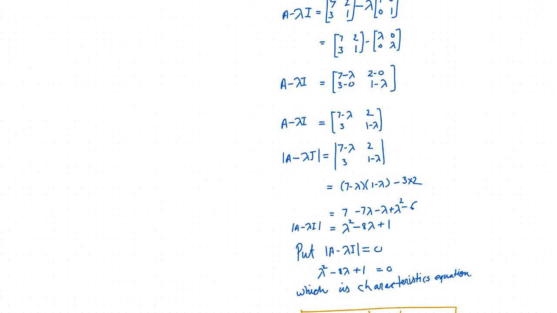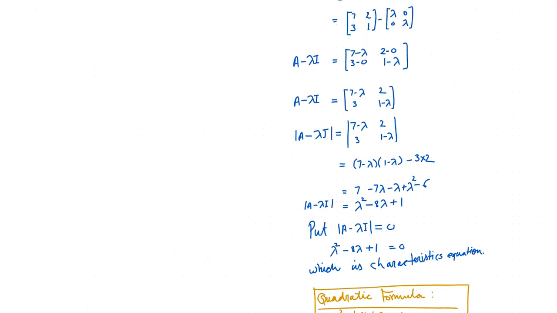Then 7 minus lambda into 1 minus lambda, and minus 3 into 2. So 7 minus 7 lambda minus lambda plus lambda square.